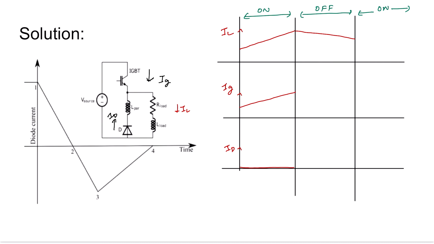As the IGBT is not on during that time, the current through the IGBT goes to 0 and the diode current is following the load current.